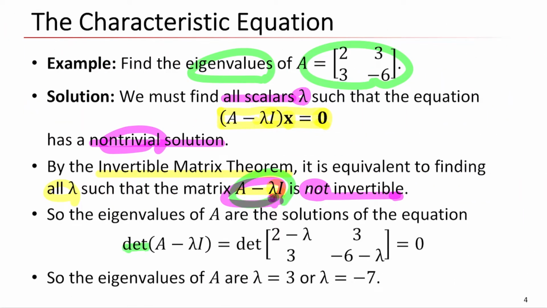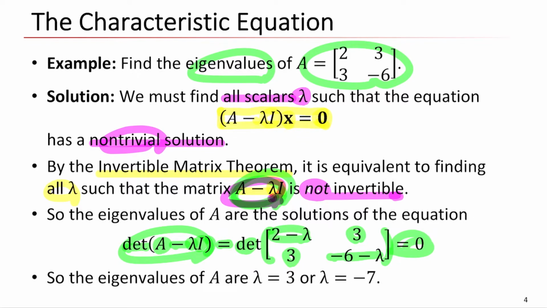The identity matrix is 1 0 0 1, right? So it will be 2 minus lambda, 3, 3, negative 6 minus lambda. To find the lambda that makes this matrix not invertible, we find the lambda that satisfies the determinant of A minus lambda I equal to 0.